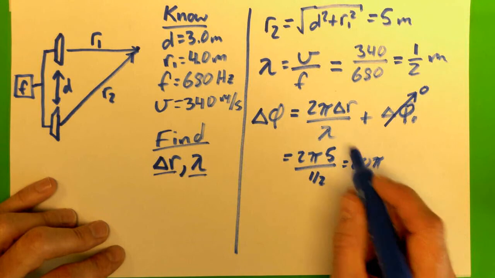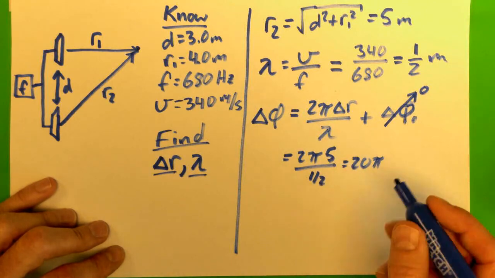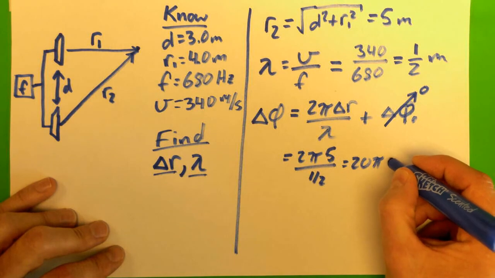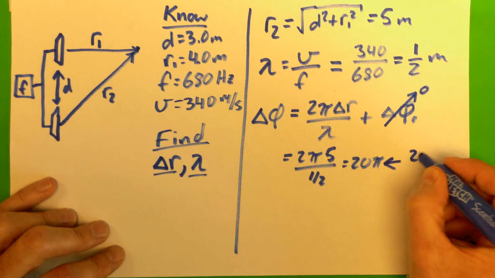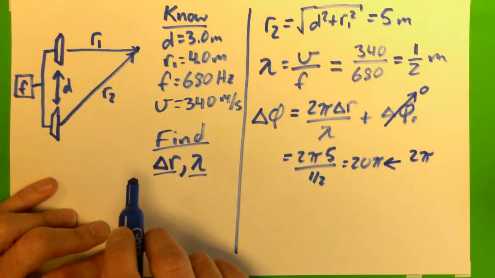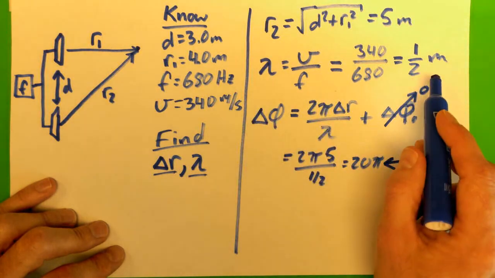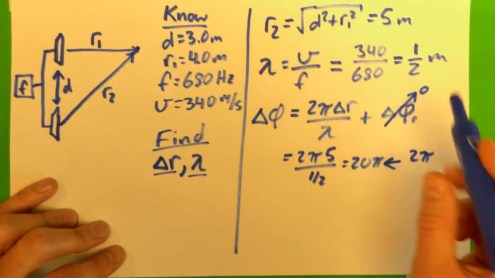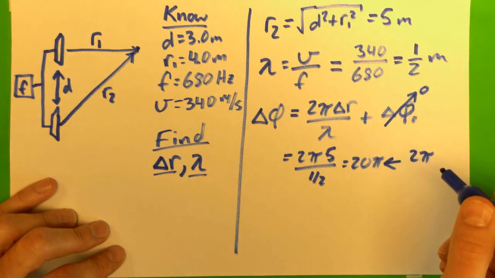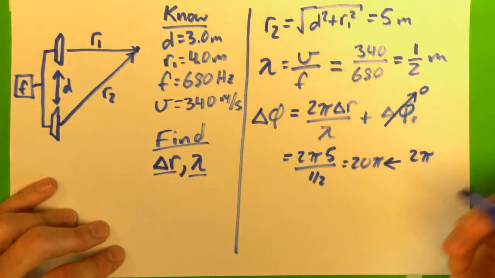And now there's a little bit slicker way. I could have not even really worried about these numbers directly, and I even encourage you to think about it this way. We could have said that this is 2 pi, and knowing that the wavelength is 1/2 a meter, the distance that it travels is 10 wavelengths.